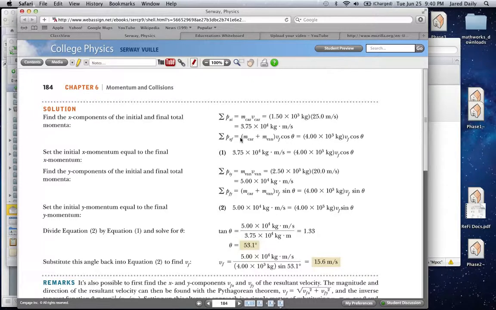However, in the final, after the collision, we have the mass of the car plus the mass of the van times the velocity final times the cosine of theta. And so this equation is going to have to be equal to the final mass, which is the sum of the two masses, so it's 4 times 10 to the 3 kilograms, times the final velocity cosine theta, right?